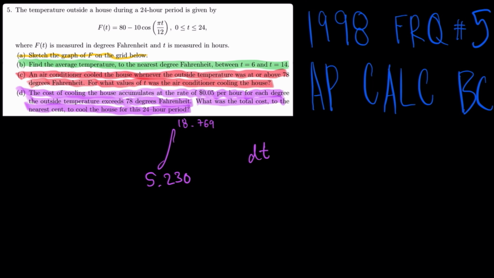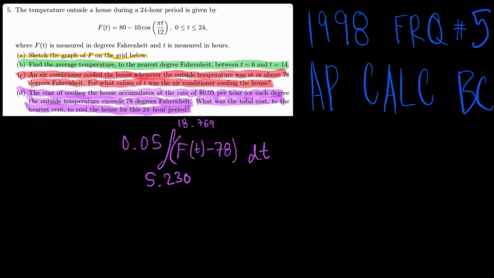Well, we have to remember that the cost of cooling accumulates at the rate of 5 cents per hour for each degree the outside temperature exceeds 78 degrees Fahrenheit. And as our integrand, we will have f of t minus 78, because that is the number of degrees above 78 degrees.